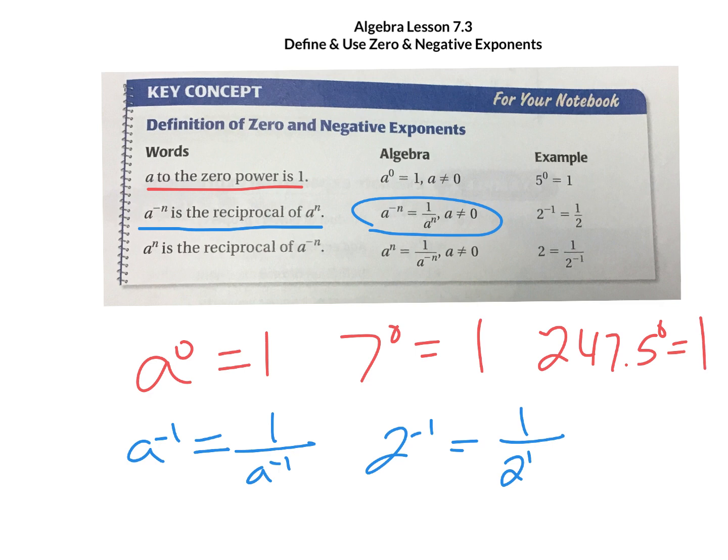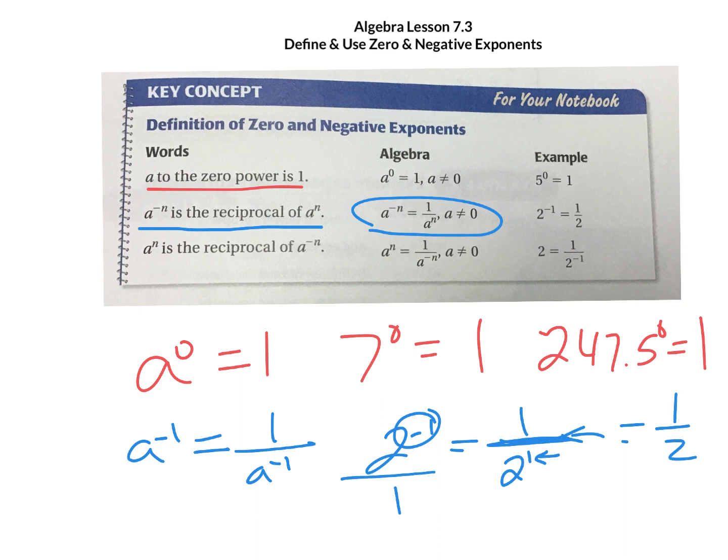When you move it below or above the divide sign, that's what gets rid of the negative. Since it was above the divide sign, technically this is over 1, right? When I moved it below, it gets rid of the negative sign. Now can I simplify that? Yeah, it would just be 1 over 2, because 2 to the power of 1 is 2.